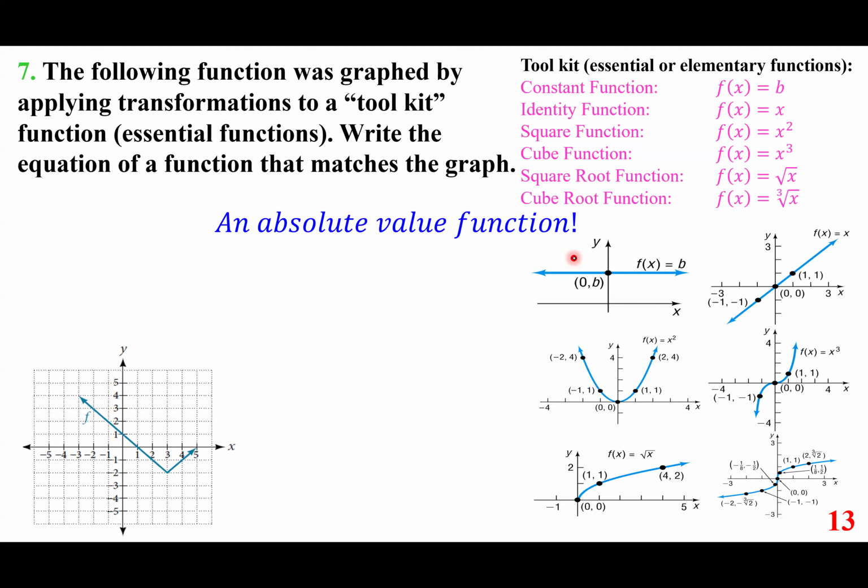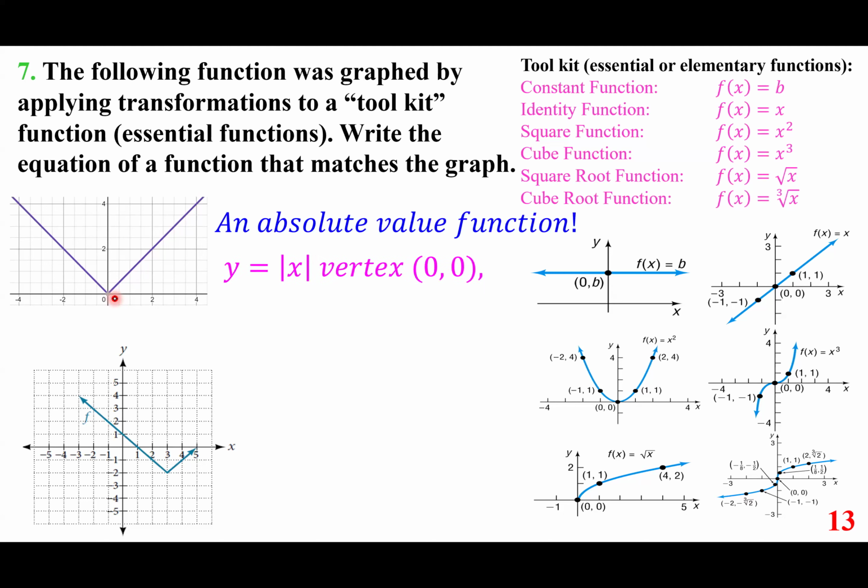There's another function that we should know. It's the absolute value function, which looks like a V shape with the vertex located at 0, 0. Y is absolute value of x.